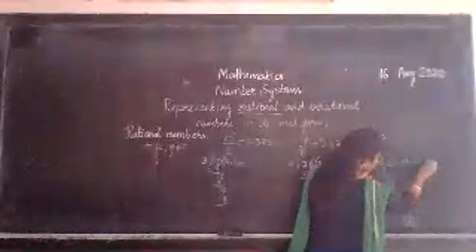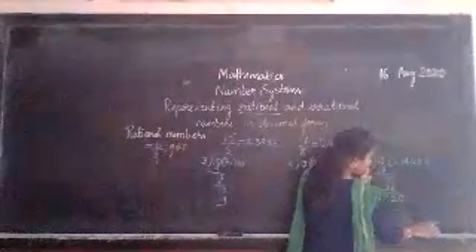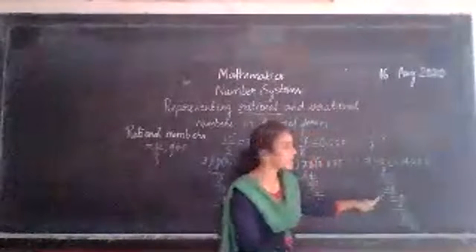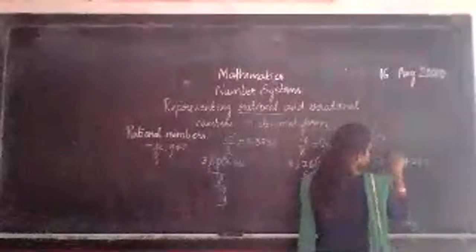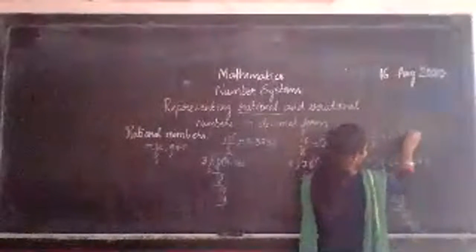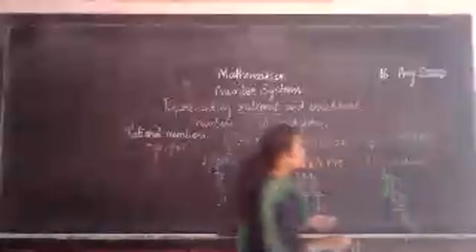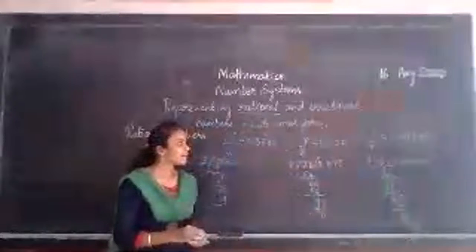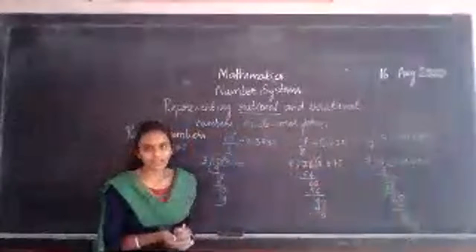Again put a 0. 7 5s are 35, and the remainder is 5 again. So I am not getting a zero remainder. I am writing this. So 1 by 7 is equal to 0.14285. Yeah, see.